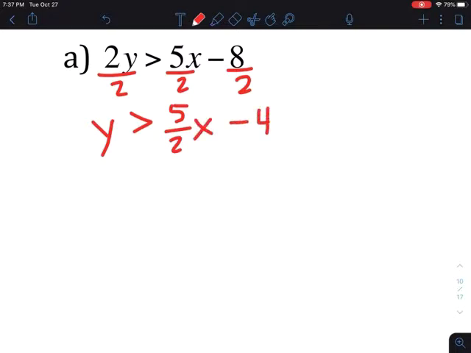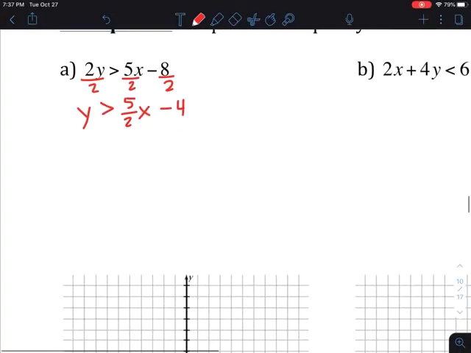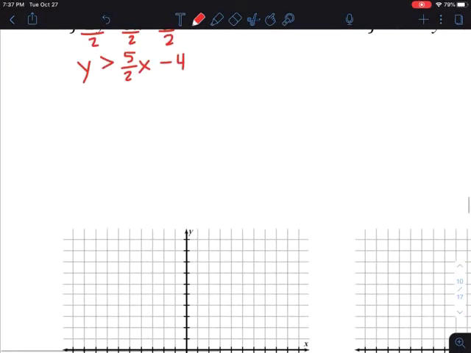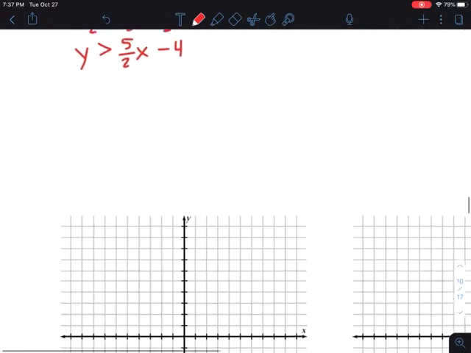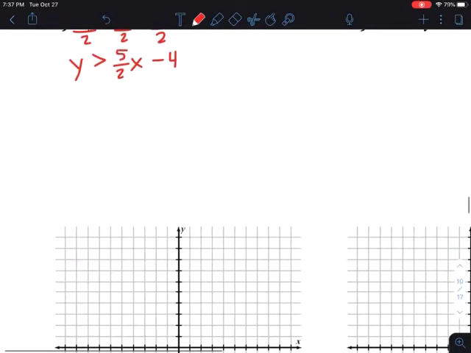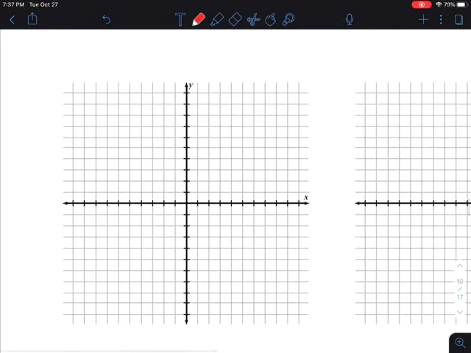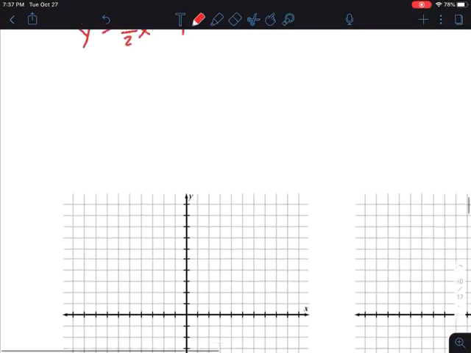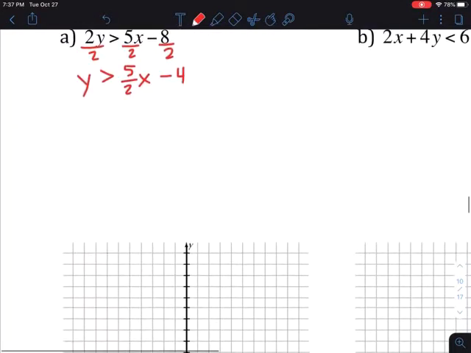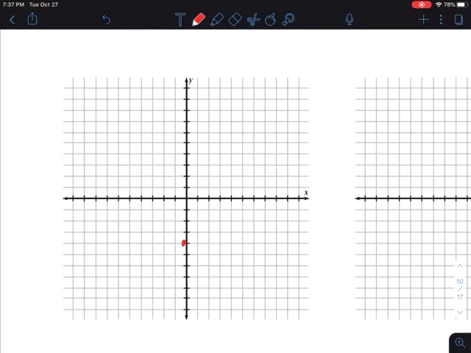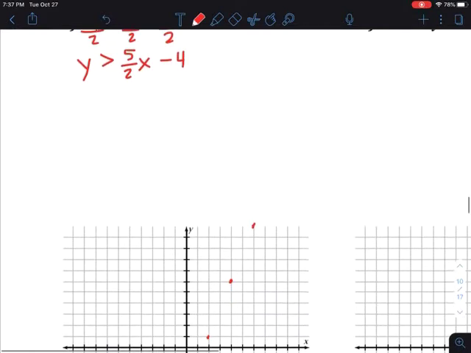Remember, slopes we want to keep as fractions, so they're ready to graph. You wouldn't graph a slope with decimals. All right, so we're ready to graph. This has a y-intercept of -4. It has a slope of up 5/2. The symbol is a greater than.